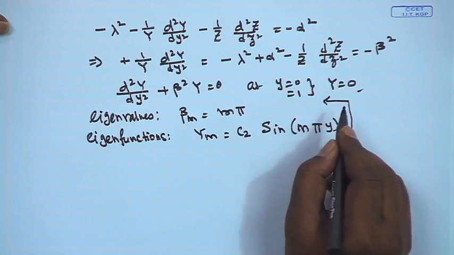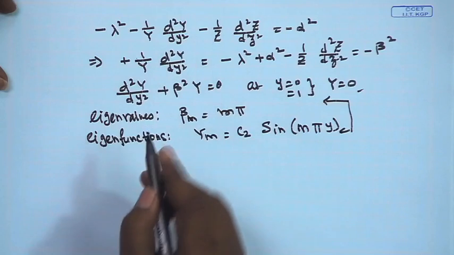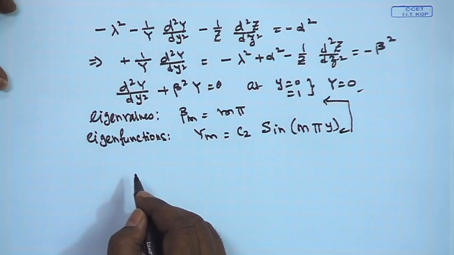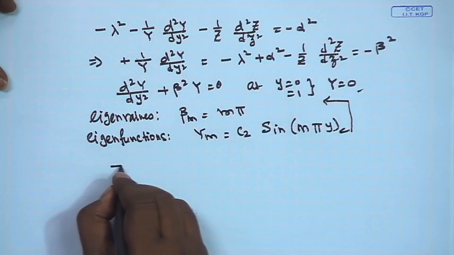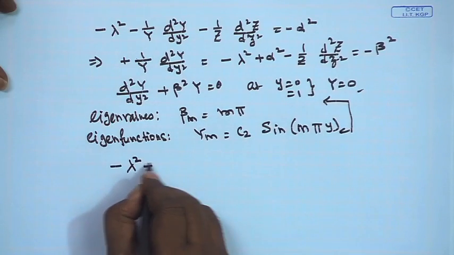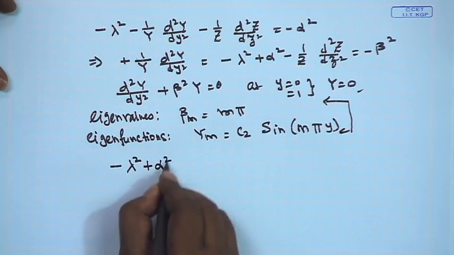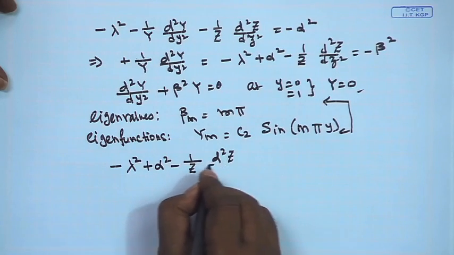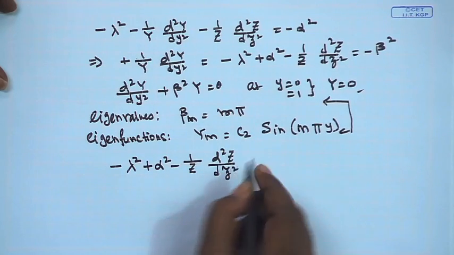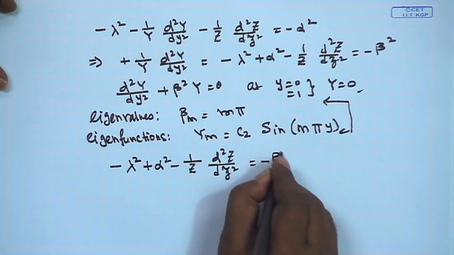Now that gives the complete solution of the y varying part, and let us look into the z varying part. This is the governing equation of the z varying part: minus lambda square plus alpha square minus 1 over Z d square Z d z square is equal to minus beta square.